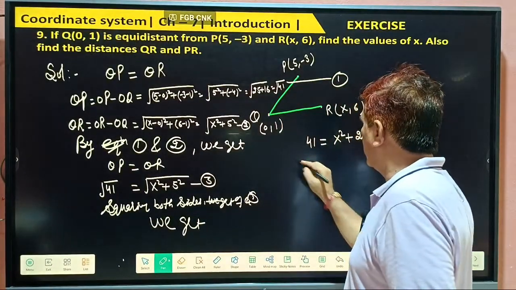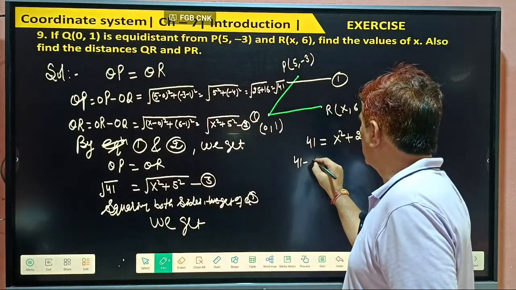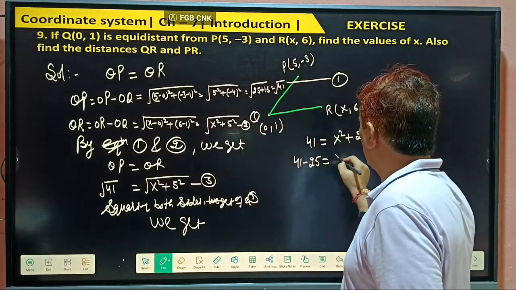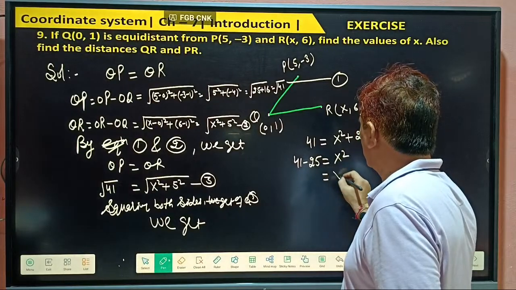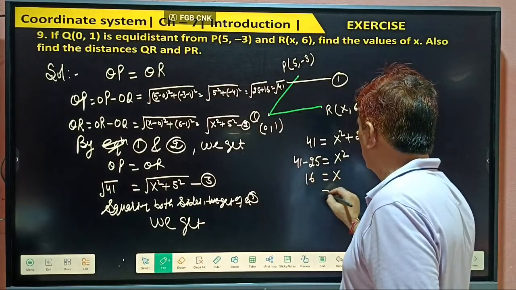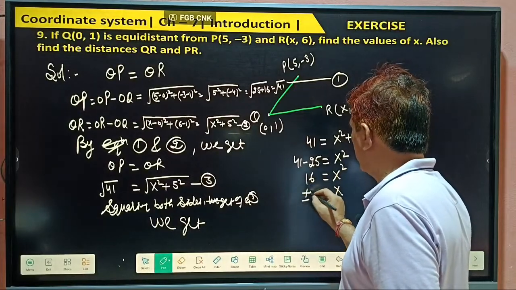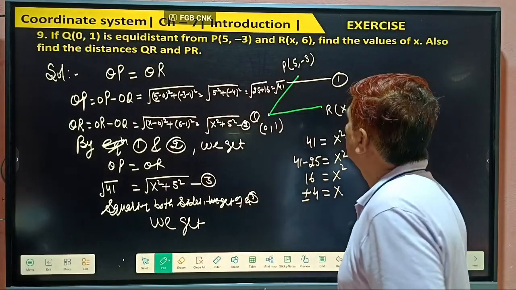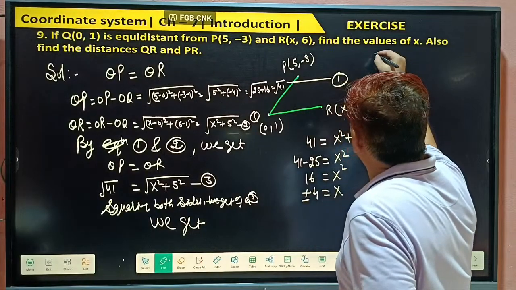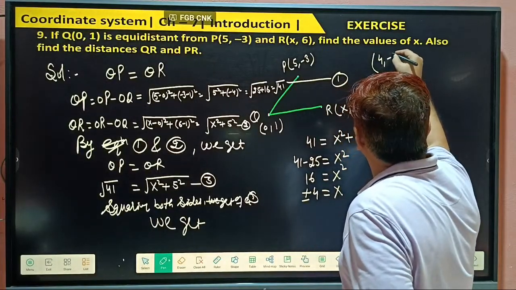So bring it to this side: 41 minus 25 equal to x square. So x square equal to 16. So x equals plus minus 4. So either the value of this x is 4 or minus 4.